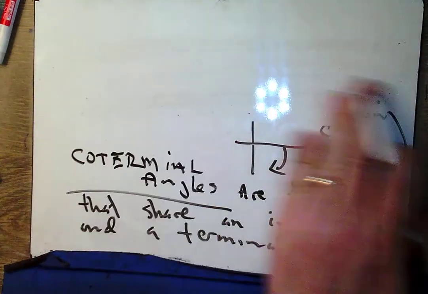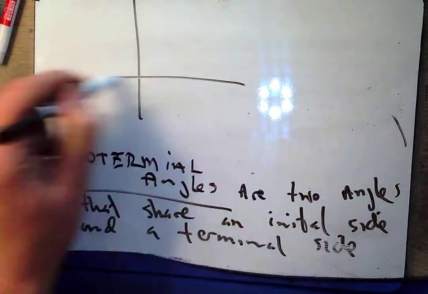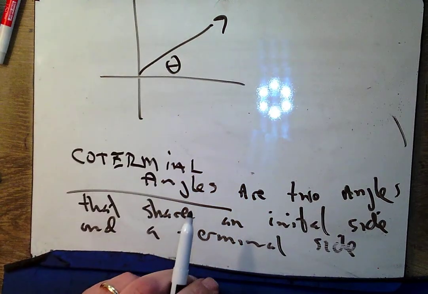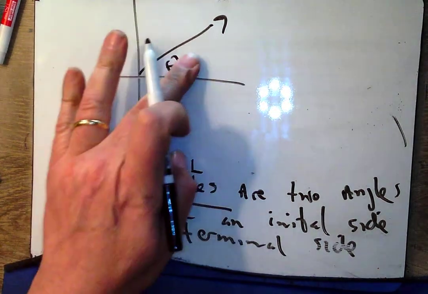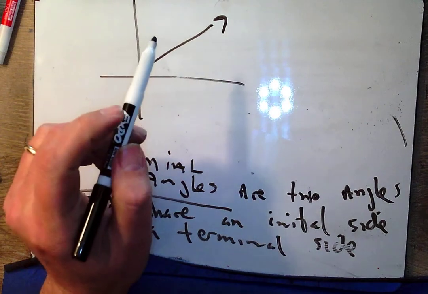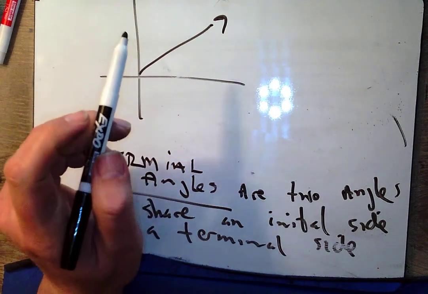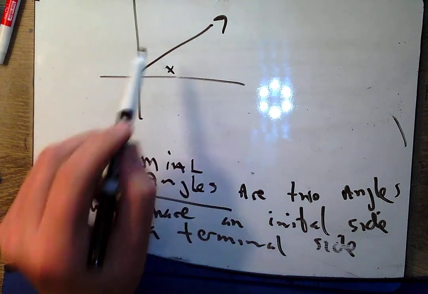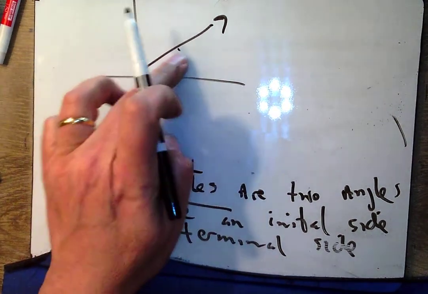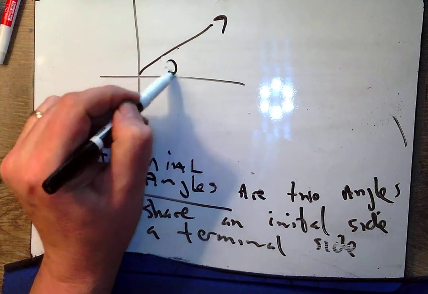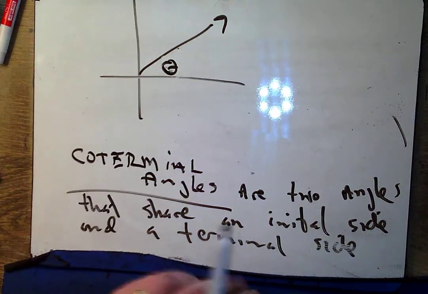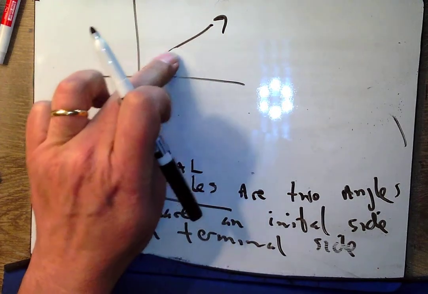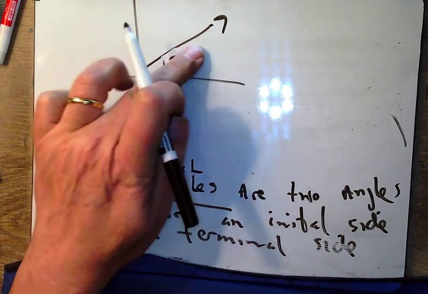Okay, and what does that mean? Well, let's take a look. I've got an angle here. And by the way, that's a theta. You know how we used x for the last 8 years? We could use an x here to say the measure of that angle. But more commonly, you're going to see a theta, or maybe a phi, or maybe a beta.